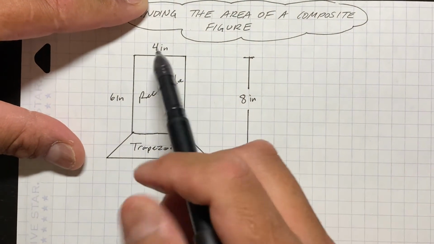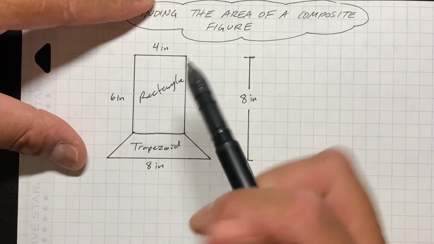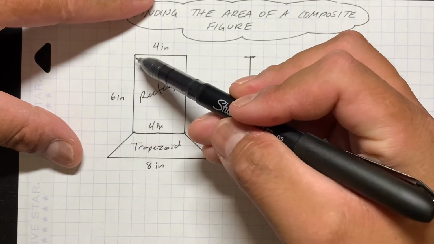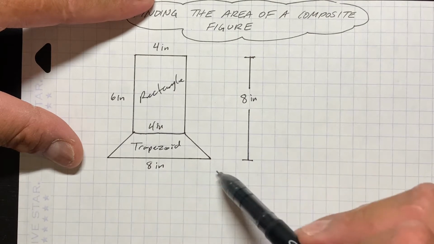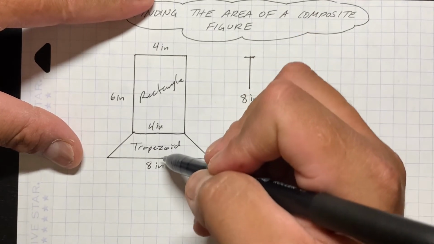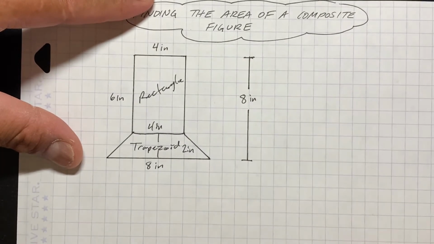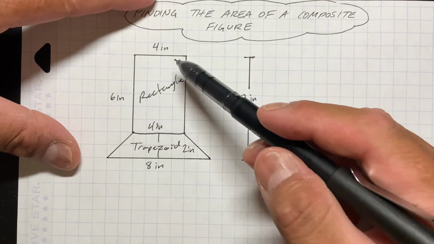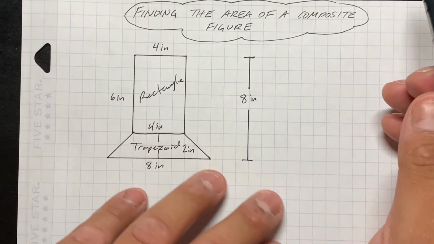So again, this rectangle is 4 inches across for your base. Your height for the rectangle is 6 inches tall. Now your trapezoid, your base is 8 inches. And if you count the squares, your height is 2 inches. Now again, the whole composite figure with both of these shapes is 8 inches tall.